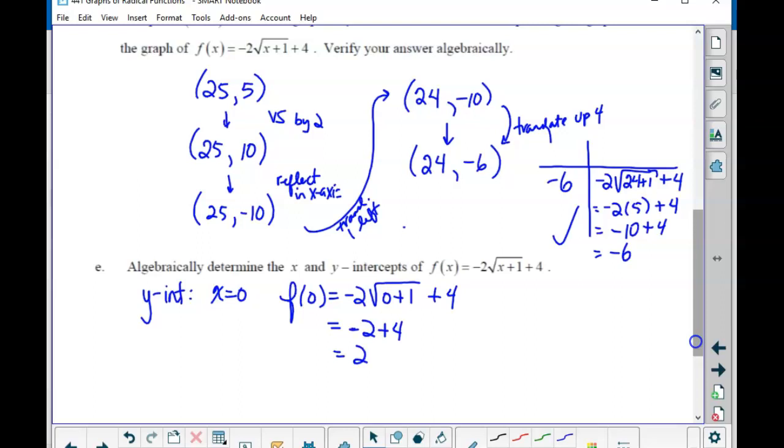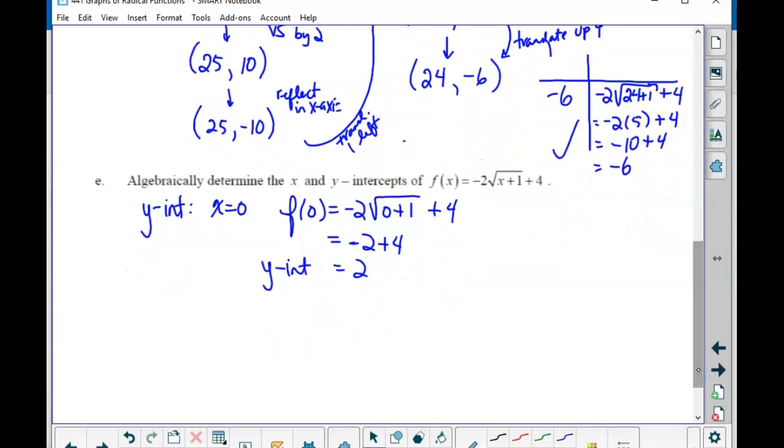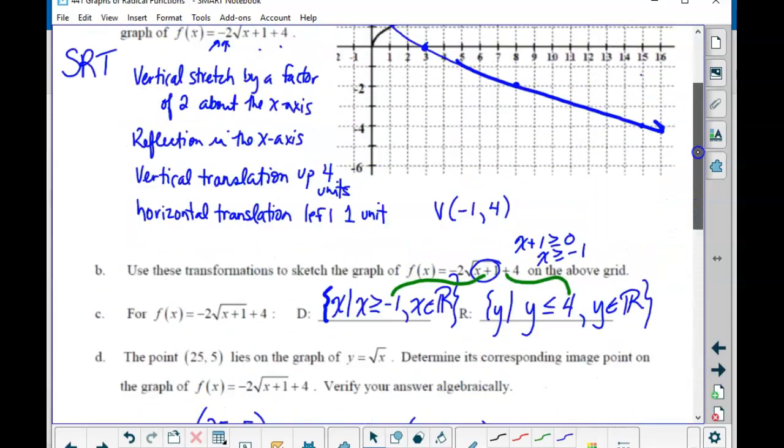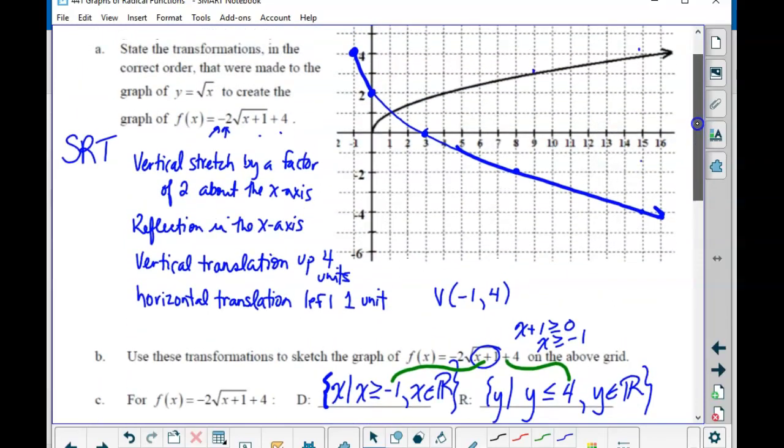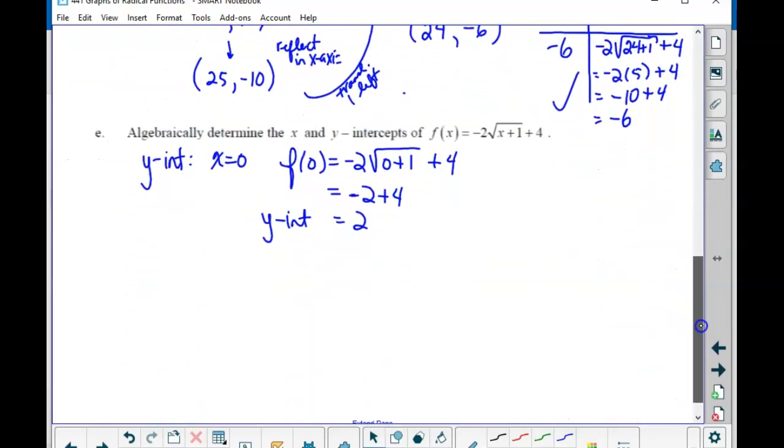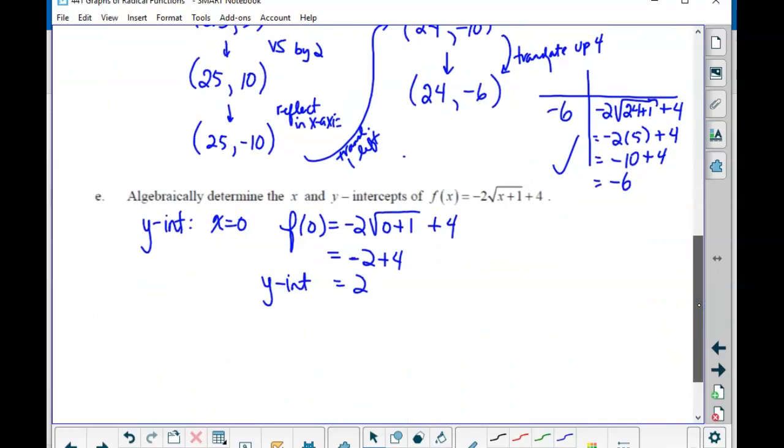So that's your y-intercept. Okay, and take a look at your graph. Y-intercept is 2. Looks correct.